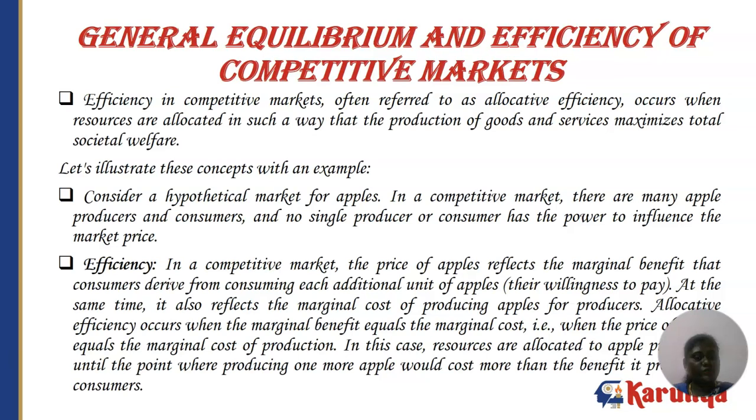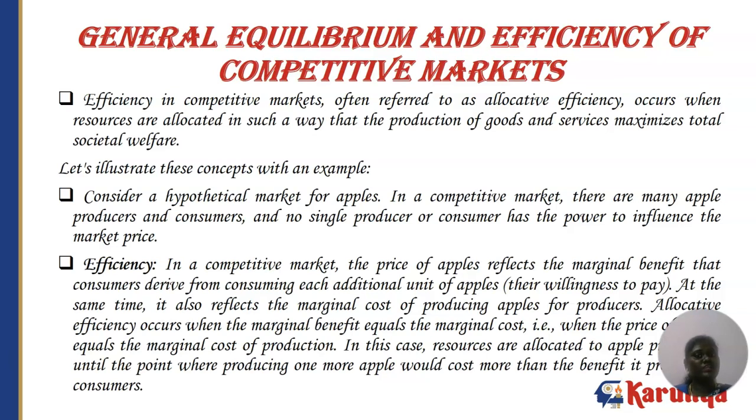If it is equal to the cost of the factors of production, then the resources being allocated to the production of apples are efficient. Only when this changes, when you are producing one more apple and there is a cost incurred that would not benefit the consumer, then automatically you have to adjust your factors of production.